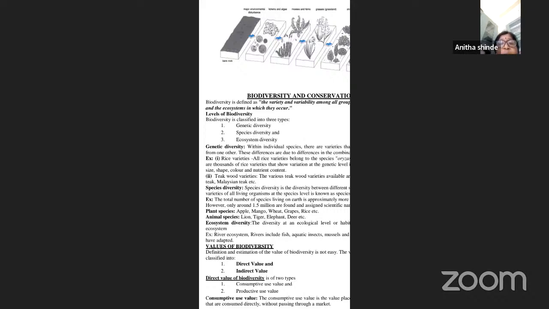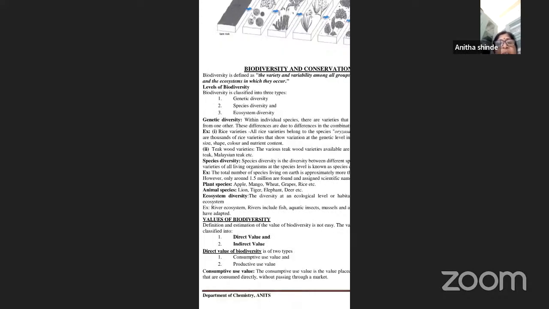Next is the values of biodiversity. The values of biodiversity are classified into two types: direct value as well as indirect value. Direct value of biodiversity has two types: consumptive use value and productive use value.